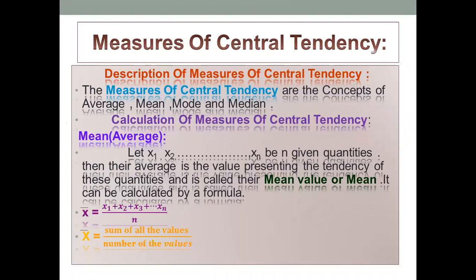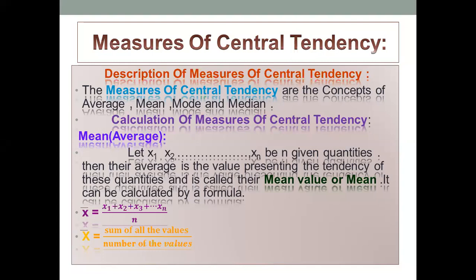Okay, students, now we have the next topic, the measures of central tendency. This is our next topic of the next exercise. Description of measures of central tendency: the measures of central tendency are the concepts of average: mean, mode, and median.